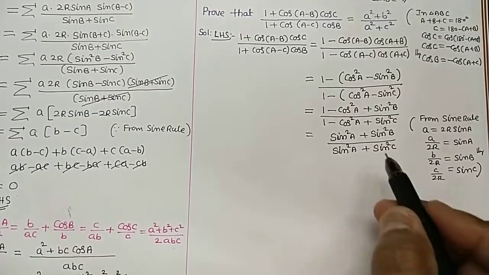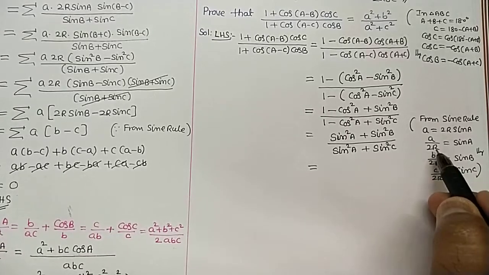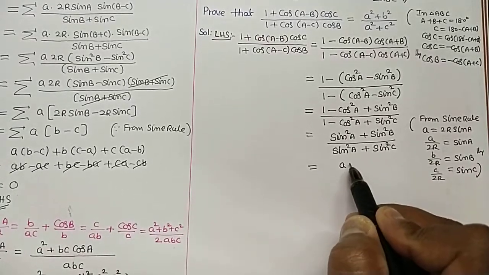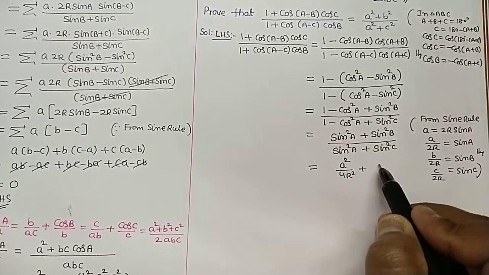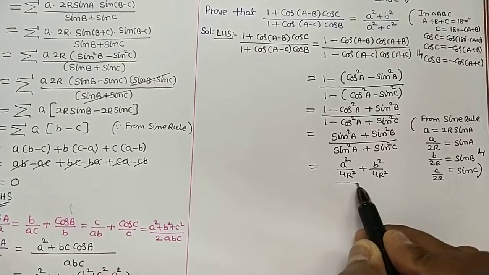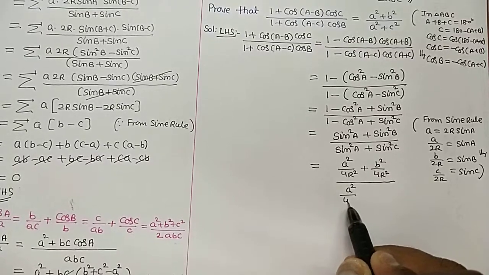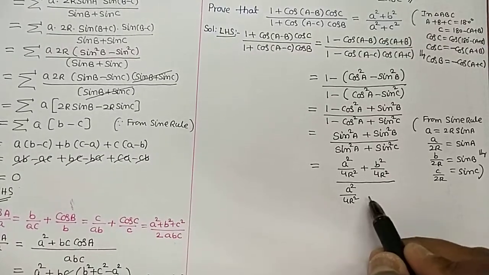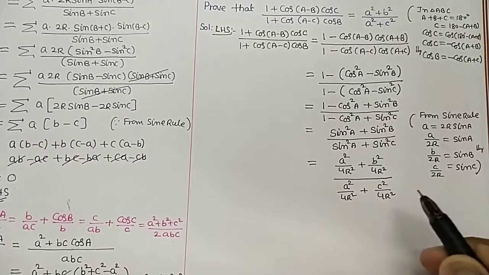These values we are going to substitute here. Square is there, no? Directly you can write as a by 2r whole square. That means a square by 4r square plus b square by 4r square, whole divided by a square by 4r square plus c square by 4r square.